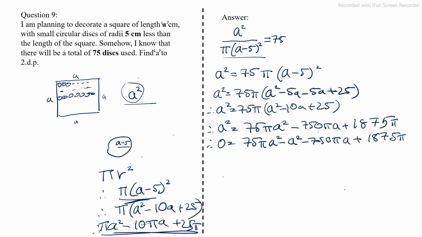Okay, so we have two a squared terms. We want a single constant next to the a squared, so we can factorize out the a squared. So 0 equals (75 pi minus 1) times a squared minus 750 pi a plus 1875 pi.